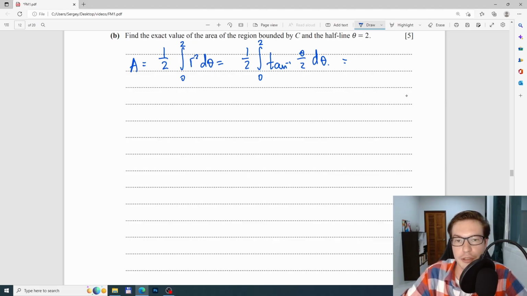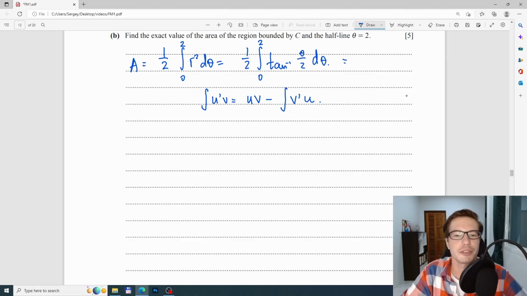We can actually use integration by parts. So let's take the formula first. The integral of u derivative v equals u times v minus the integral of, switching the derivatives, v derivative u. Okay, but now the biggest question is, where's the second function in our integral?